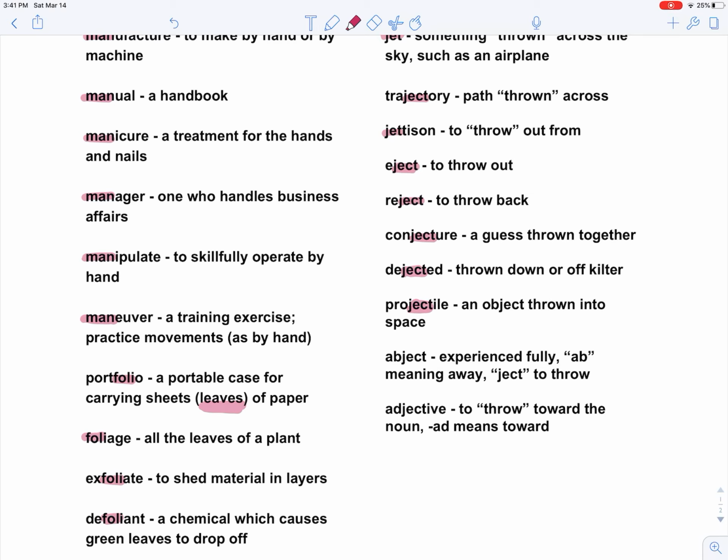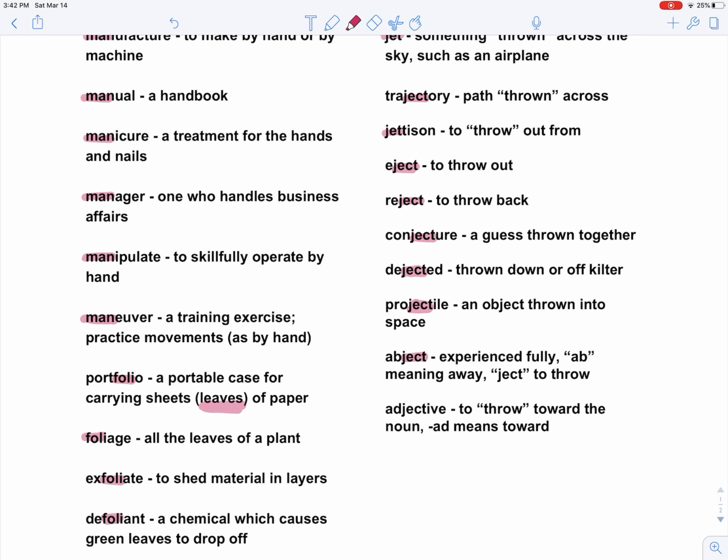Projectile, an object thrown into space. And pro there meaning forward, so thrown forward into space. Abject, so abject means experienced fully. Ab means away. Ject is to throw, so fully being experienced.